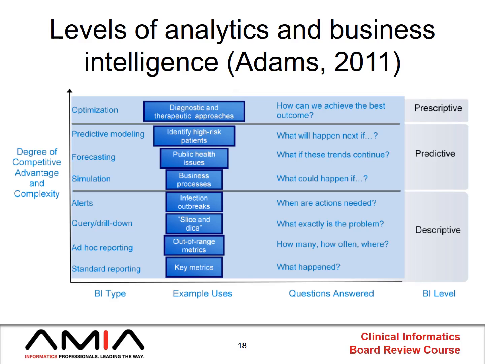In descriptive analytics, we're basically looking at what our data shows. In predictive analytics, we're trying to predict what might happen based on past trends. And in prescriptive analytics, we want to use the data to optimize our systems and achieve the best possible outcomes.